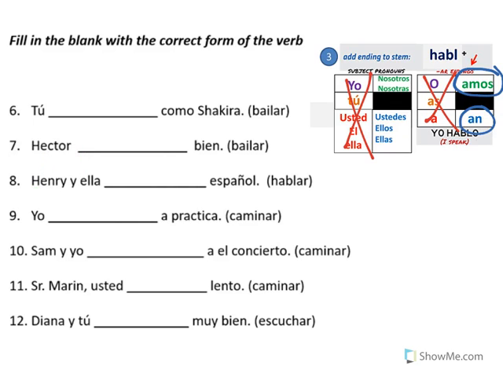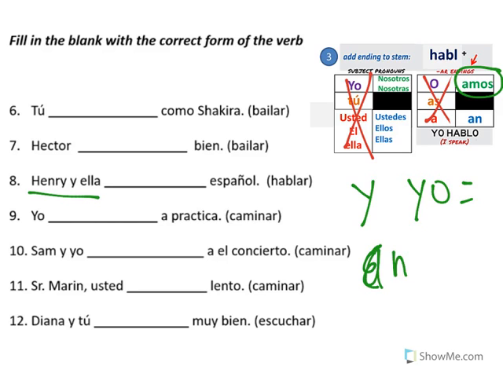Well, let's figure that out. The only time it's going to be the amos ending is if this sentence or any sentence includes y yo, which means and I. Does it include and I?